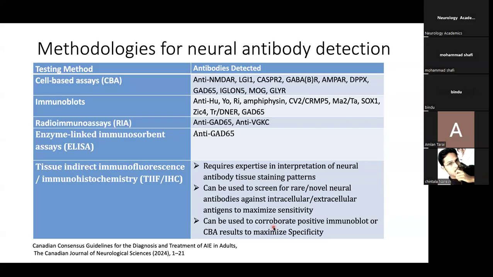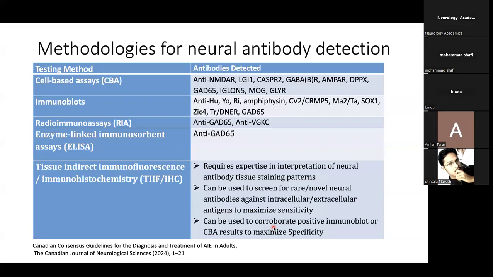Tissue indirect immunofluorescence or immunohistochemistry requires expertise in interpretation of the neuronal antibody tissue staining pattern. It can be used to screen for rare or novel neuronal antibodies against intracellular or extracellular antigens to maximize sensitivity, and to corroborate a positive immunoblot or CBA result to maximize specificity.